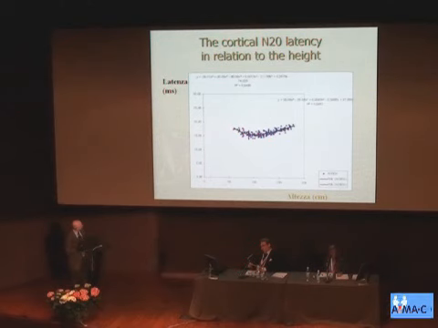Here you see that in this range there's a decrease in latency, but in this other interval there's an increase in latency. If patients of this height or age are studied, if the potential is stable, this doesn't mean that the potential is actually stable. It means the opposite. It means that the patient is not growing because there's something that interferes with growth.